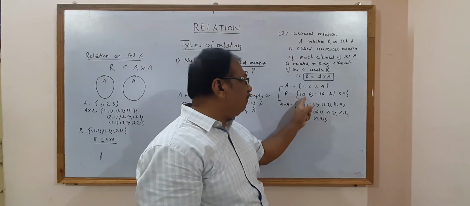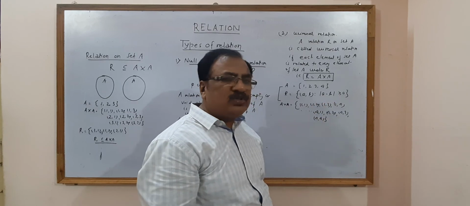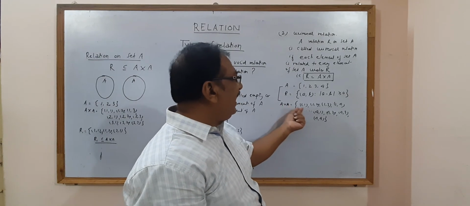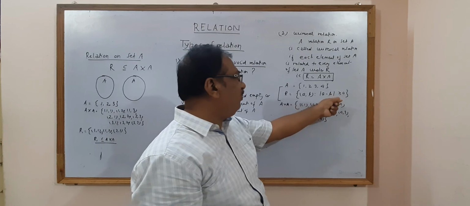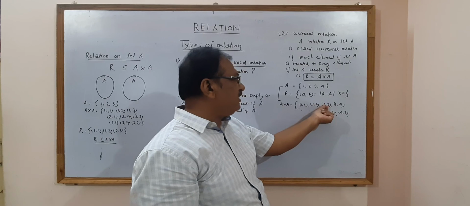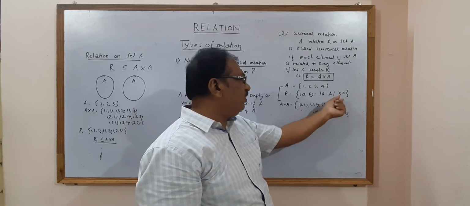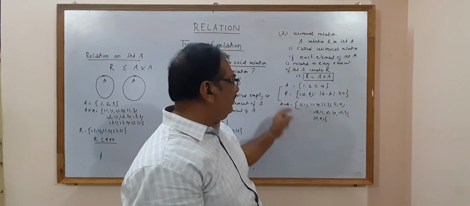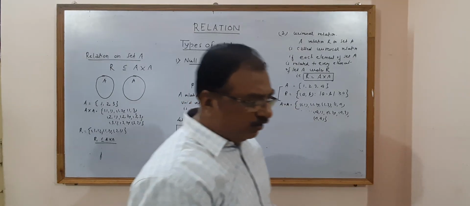From where will we pick up the elements? From A cross A. Suppose I am taking the first element: 1 minus 1, 0, it is fulfilling. 1 minus 2, modulus is 1, greater than 0. Modulus of 1 minus 3 is 2, greater than 0, fulfilling. Modulus of 1 minus 4 is 3, greater than 0. Modulus of 4 minus 4 is 0, greater than or equal to 0. So the entire elements of A cross A are fulfilling this criteria. So R is equal to A cross A.